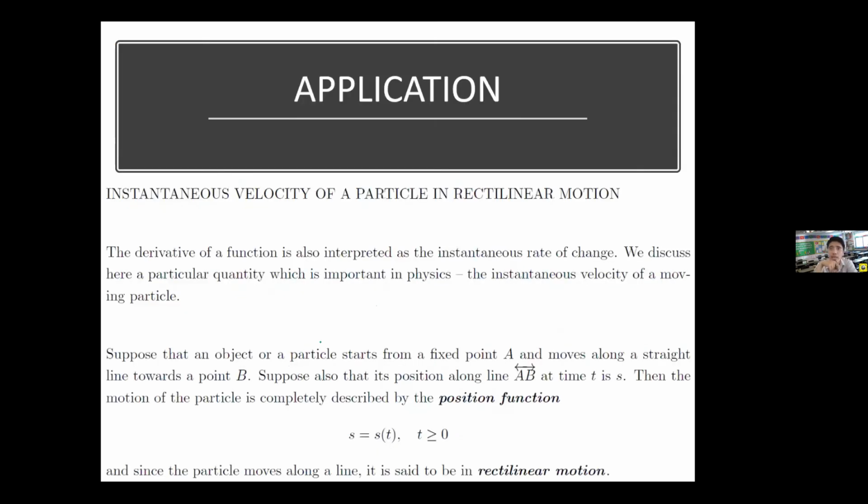So, what are the applications ta sa derivative? Ang pinaka-basic na application niya is kani. Instantaneous velocity of a particular rectilinear motion. When you say instantaneous velocity, kakuan mo nang sa motor nga naay speedometer makita nimo ang speed.